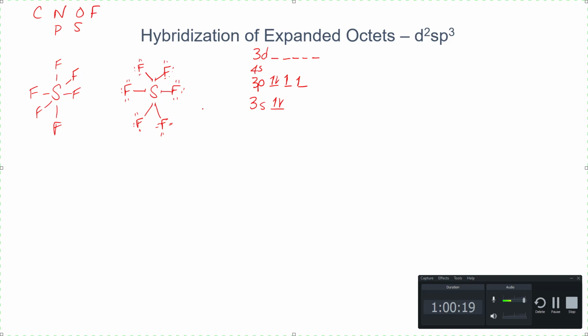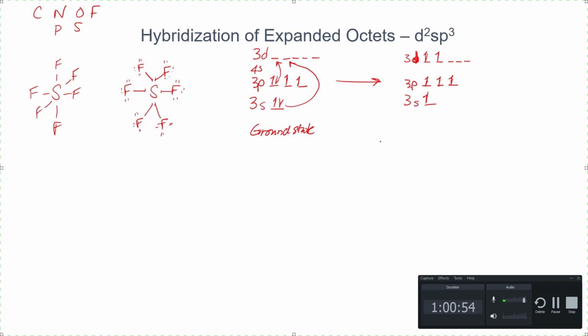That means that if I want to form SF6, I need to promote 2 electrons up, from the ground state into the 3d.